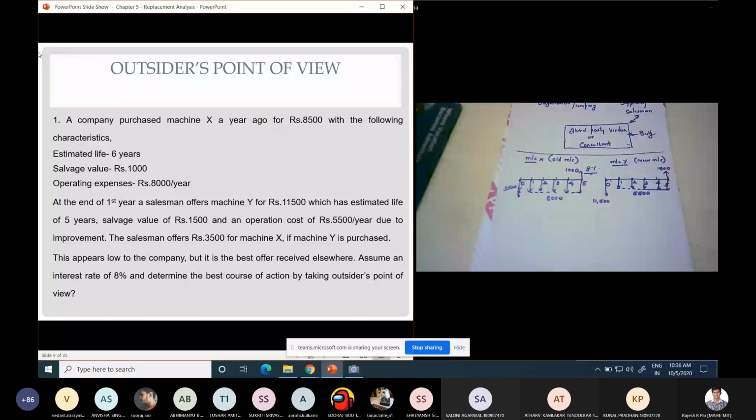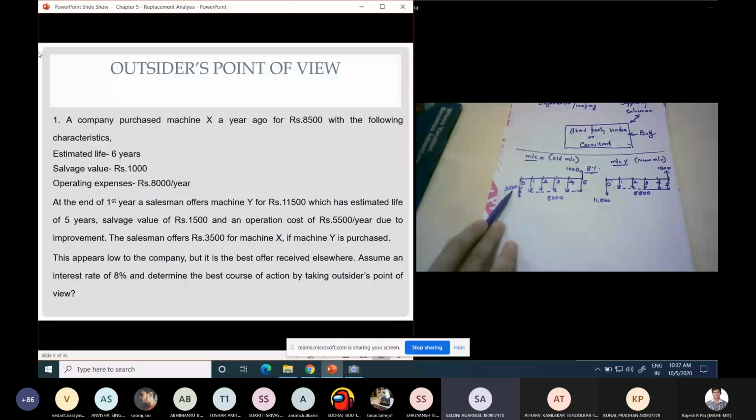In this question, they have given that the salesman offers 3,500 for machine X. So that value I consider to be the market value. Probably that is the best value which the salesman gives. We make an assumption that the salesman might have given, or is ready to give, 3,500 considering the market value of it. So I may buy the existing machine for 3,500. That is why I have given 3,500 here.